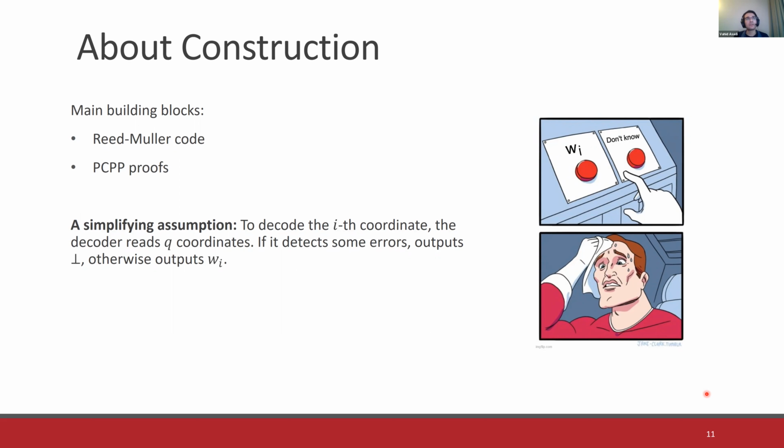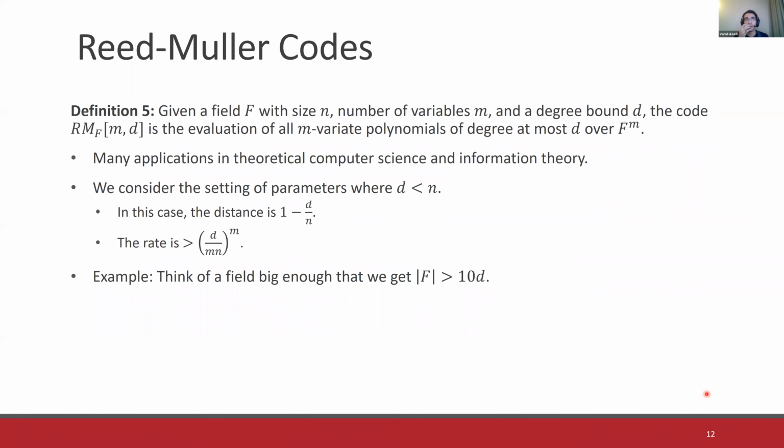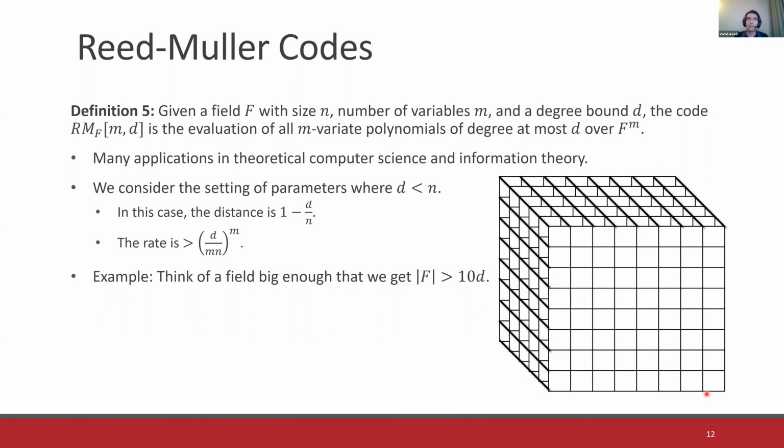All right. So let's get into the Reed-Muller codes and see what these are. A Reed-Muller code is basically, given a field of size n, the evaluation of m-variate polynomials of degree d over the hypercube F to the power m.